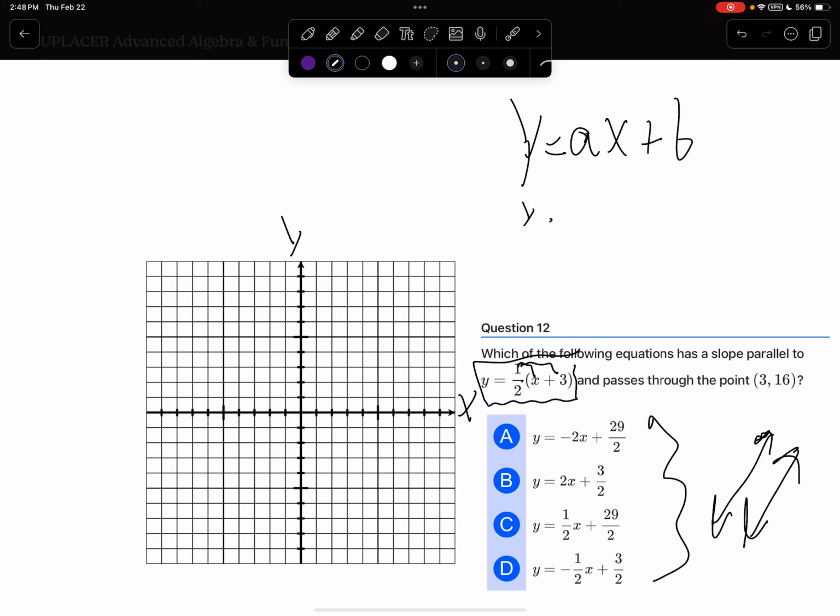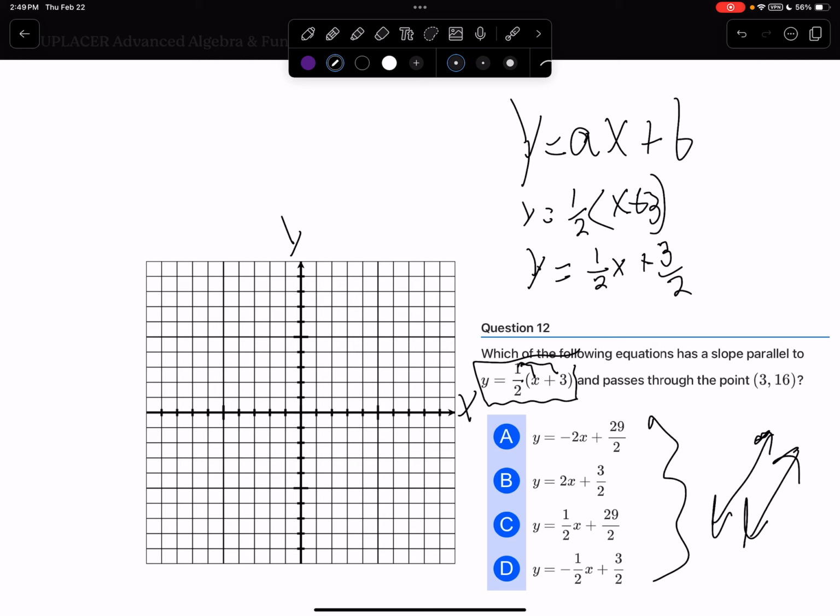So y equals 1/2 x plus 3 becomes y equals 1/2 x plus 1/2 of 3, which is 1.5. You could just put 1.5 if you wanted to, but as a fraction, it's 3/2. Okay, so we've got it.